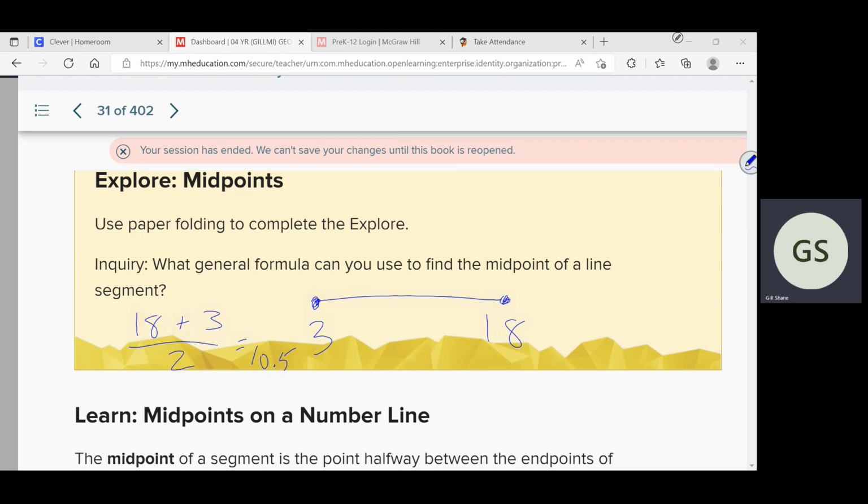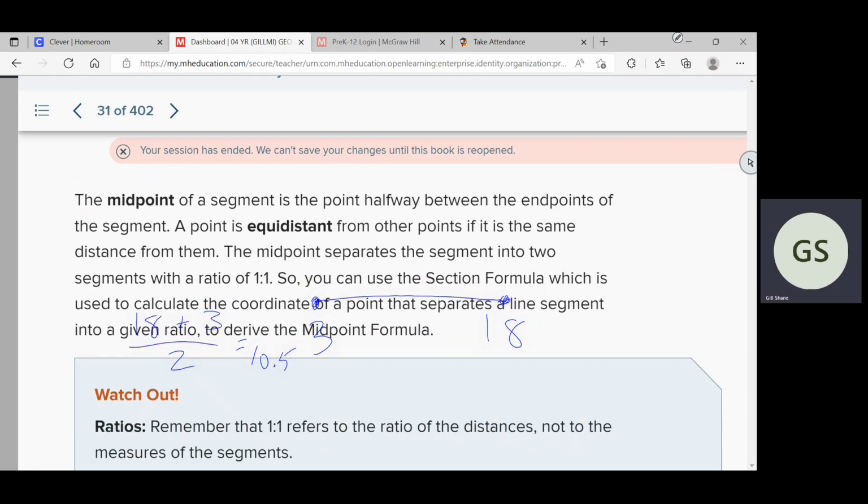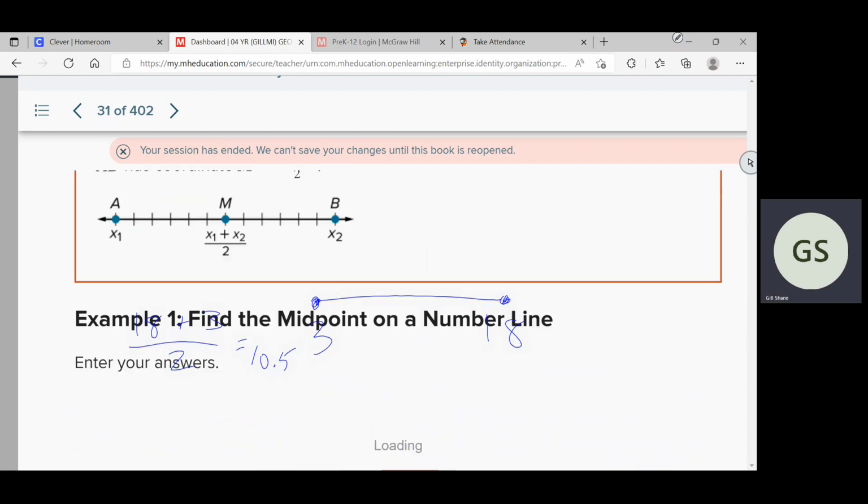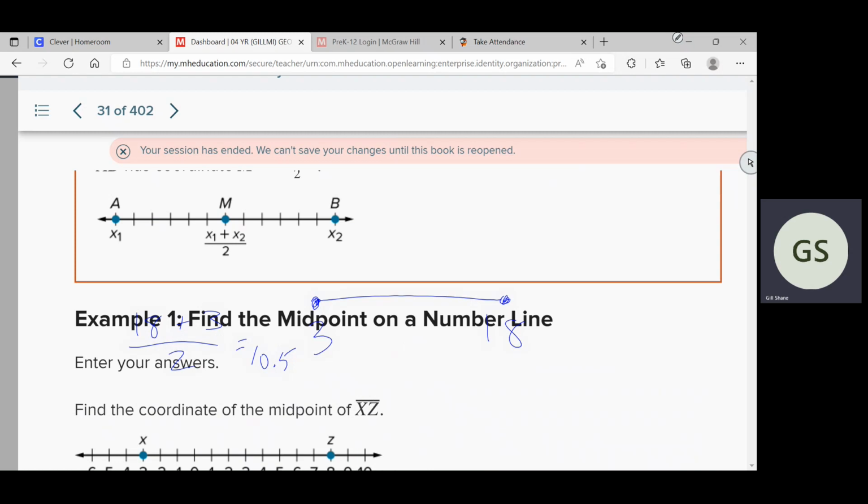Now, here's one more thing you can do. So there's the formula. They do the x1 plus x2 divided by 2. x1 and x2 are just the endpoints. That's all x1 and x2 are. The 1 and the 2 are not math operations.